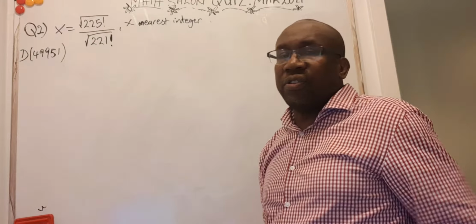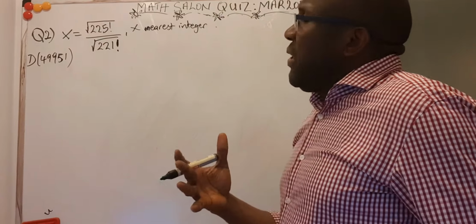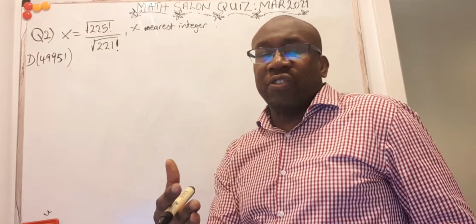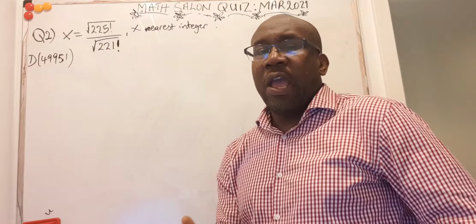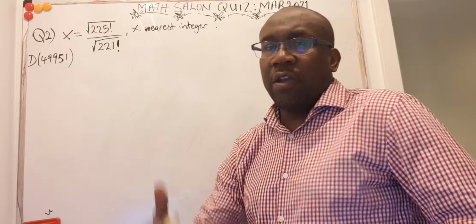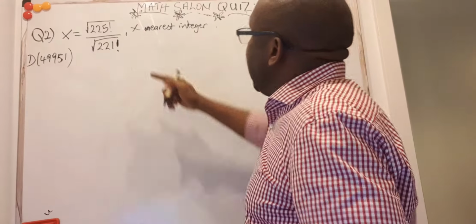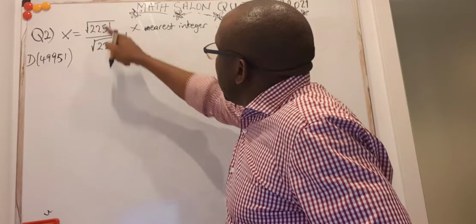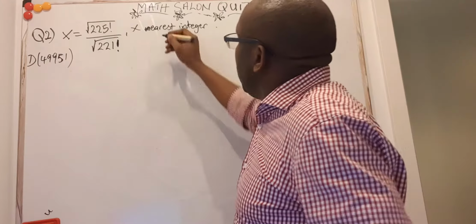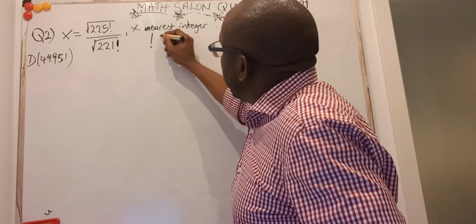For the second question, this was about being able to follow instructions. You're given the definition of something and how you can use it in order to solve a mathematical problem. You were told here that this notation is a factorial notation.